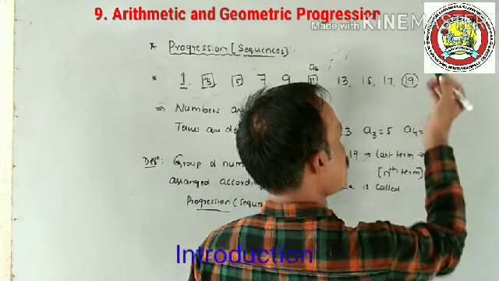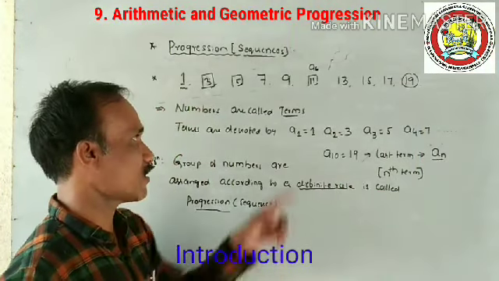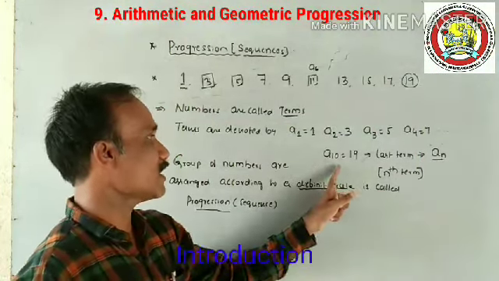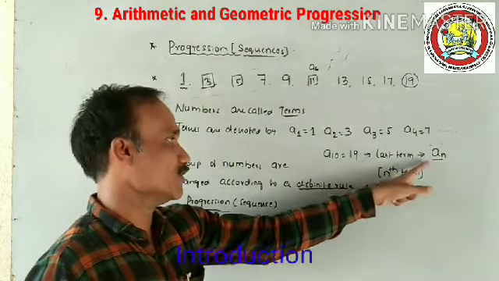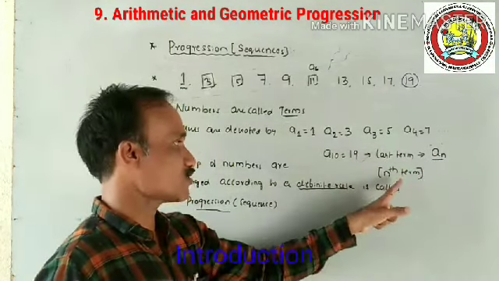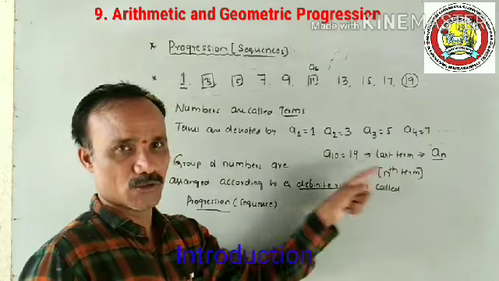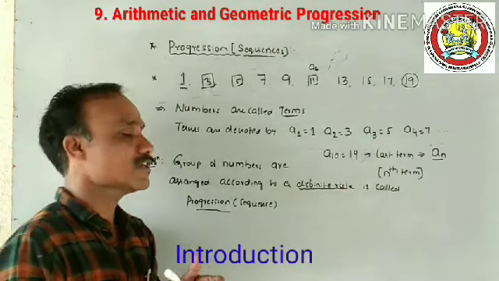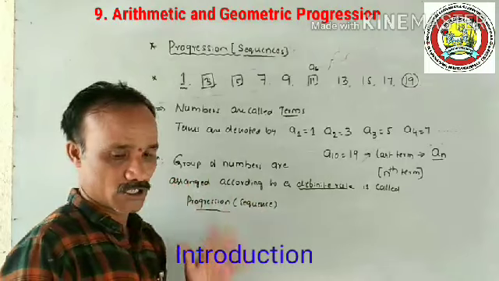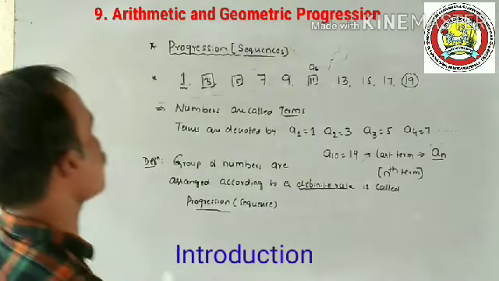So an is also called the nth term. The numbers of a sequence are called terms. That is very important. Let's see different types of examples.